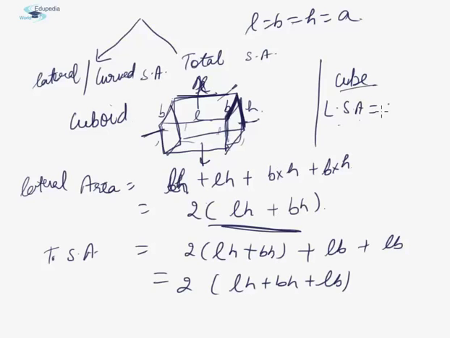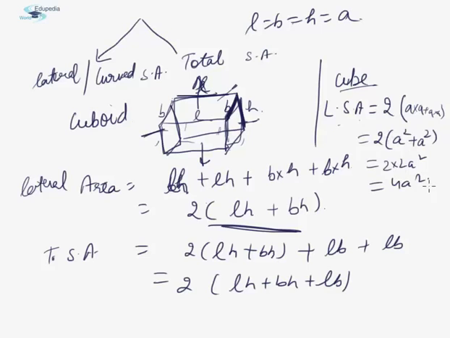So here it will be 2 into (A into A plus A into A), that is 2(A square plus A square), or 2 into 2A square, or simply 4A square.